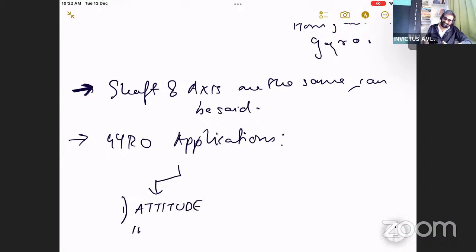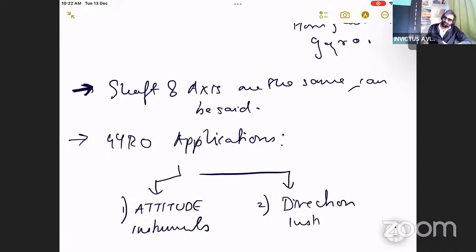Attitude instruments. And the second application is direction instruments. That's it. In attitude, what do I get? I get turn coordinators or turn and bank indicators, as well as artificial horizon or attitude indicator. And the second is direction instrument.